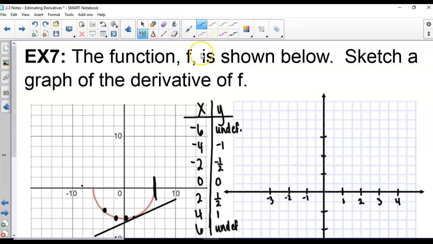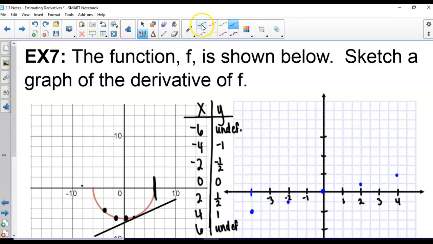So if we graph these points, alright, if we just plot these points, -4, -1 would be here. -2, -1/2 would be here. 0, 0 would be here. 2, 1/2 is here. 4, 1 is here.